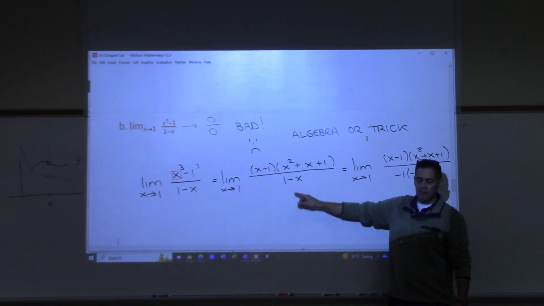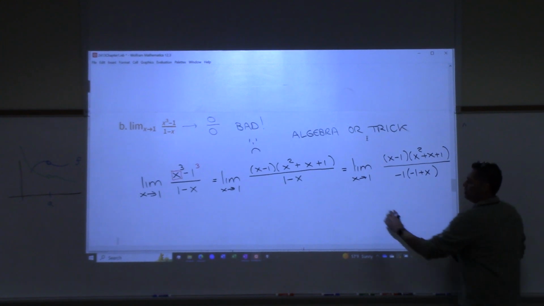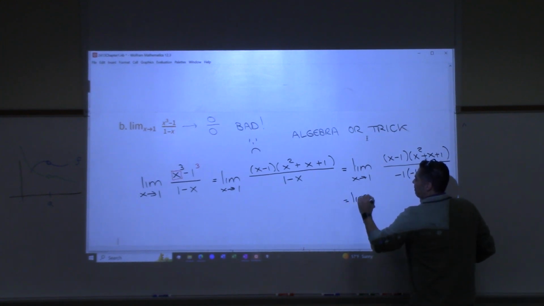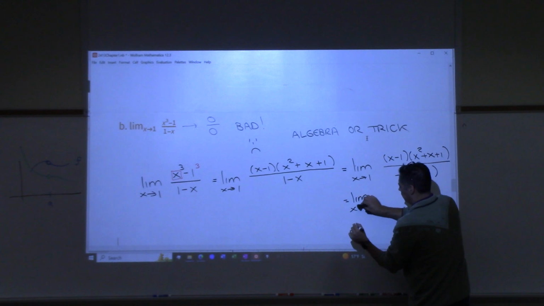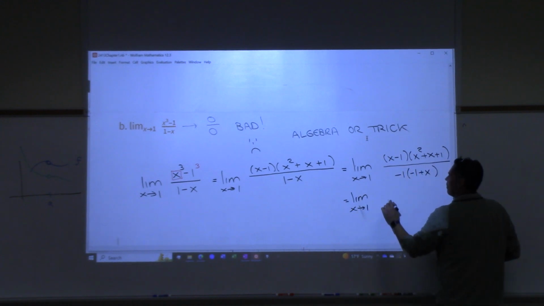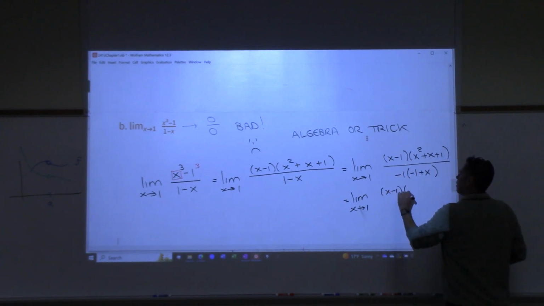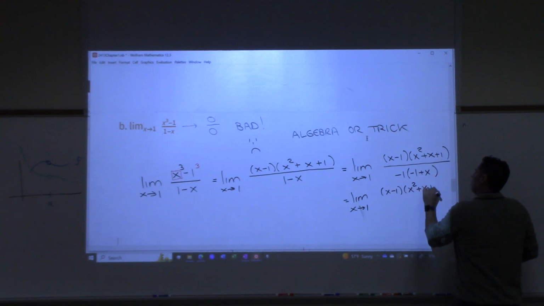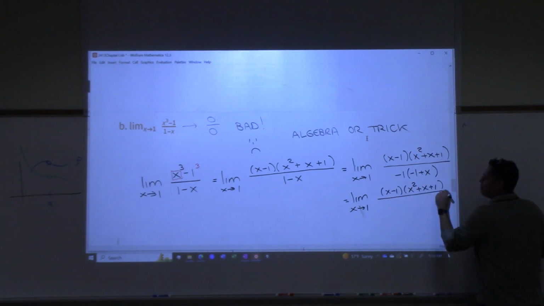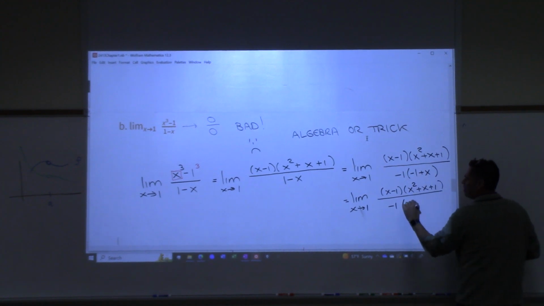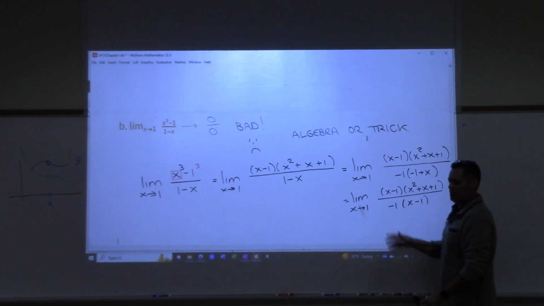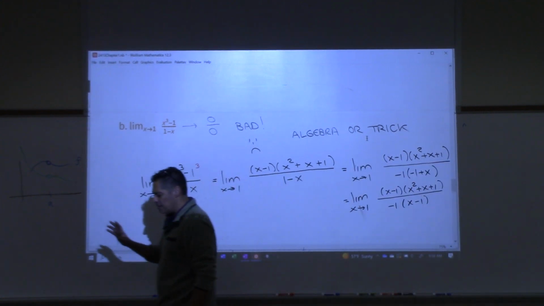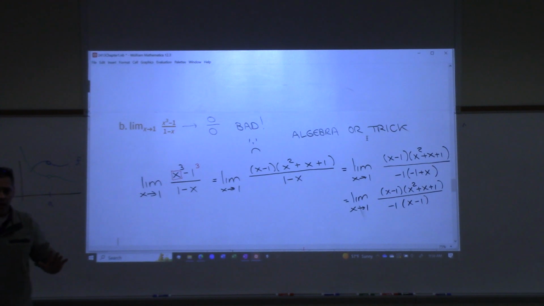By doing that, I can rewrite the bottom as -1, and then these two I can just switch the order. Instead of writing -1 plus x, I can write it as x minus 1. Take a moment to take a step back and look at what we've done. Make sure you understand all these steps, right?